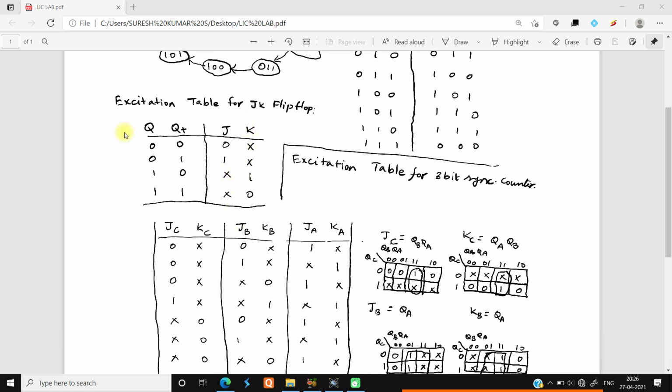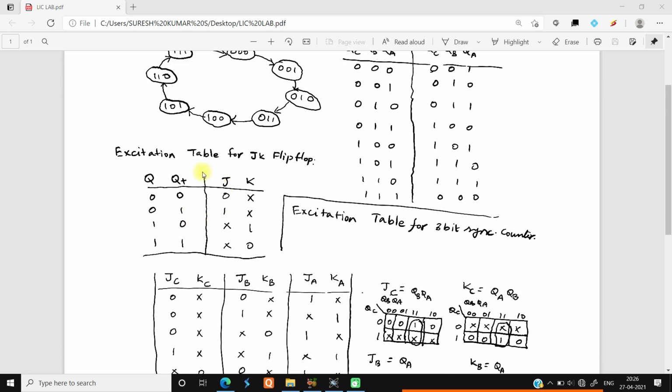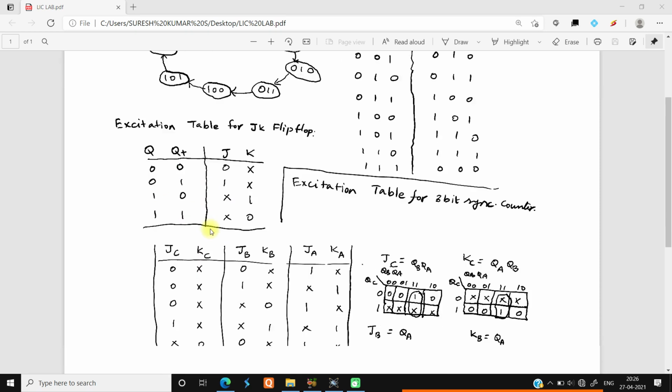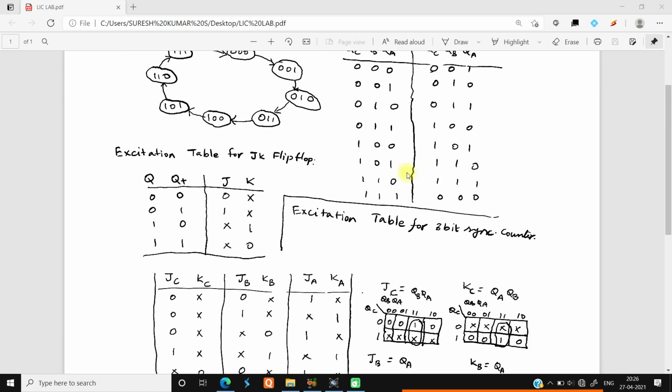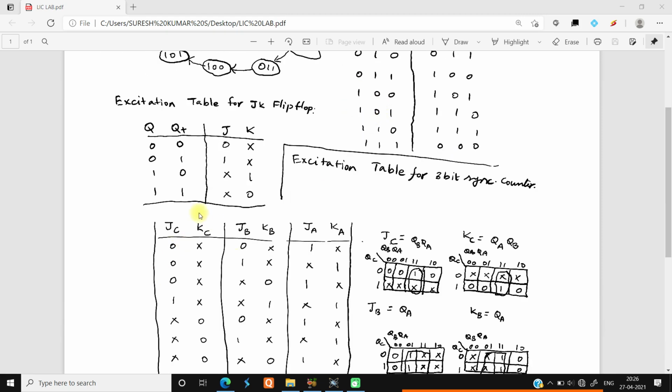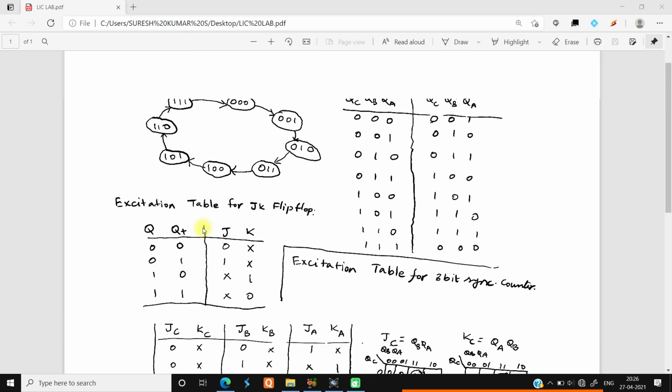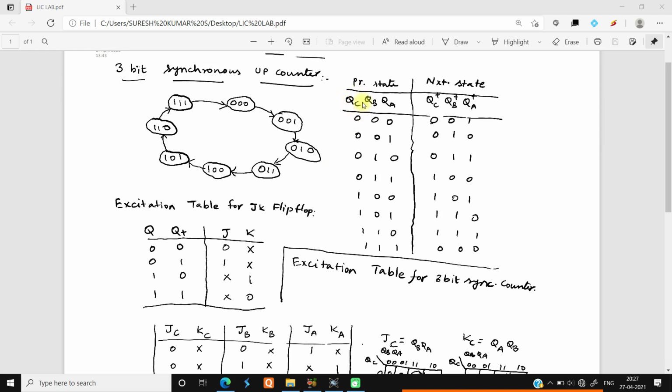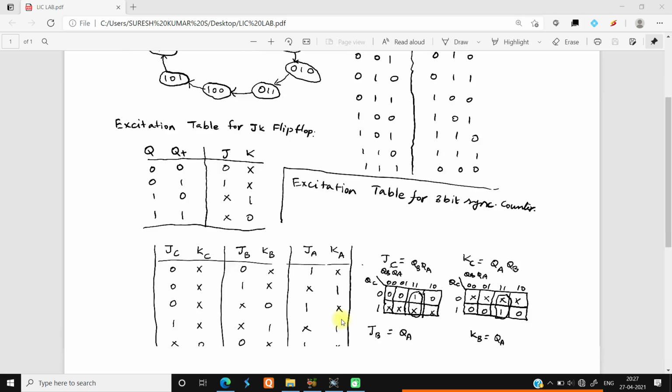Using this excitation table, we can populate the excitation table for this state diagram, because we have three flip-flops. These three have corresponding excitation inputs: JC, KC are the inputs for the C flip-flop, JB, KB are the inputs for the B flip-flop, and JA, KA are the inputs for the A flip-flop.